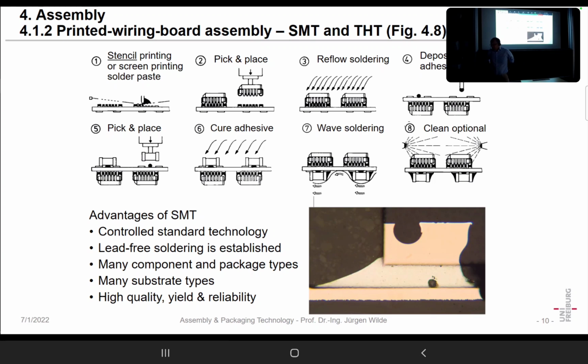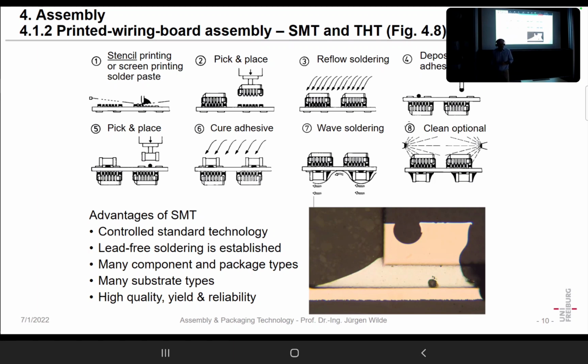And in order to improve reliability, it is important that the boards are very clean. So typically in soldering, state of the art is we use no clean solder pastes. So for normal applications, we just leave the flux residues on the board.